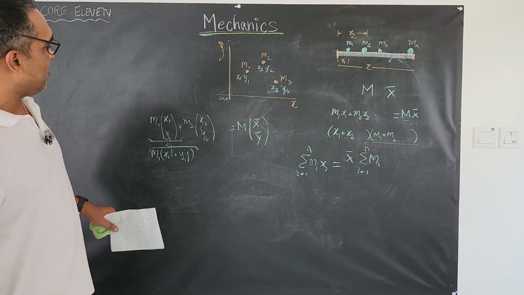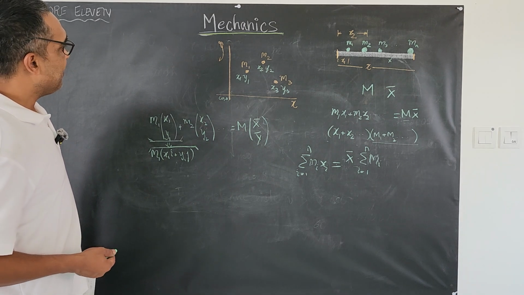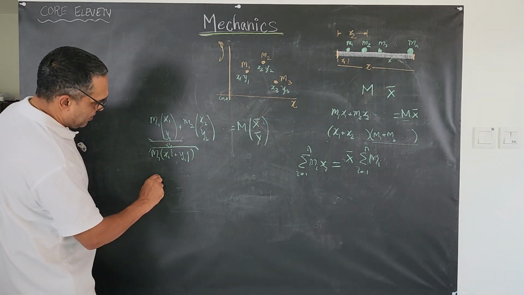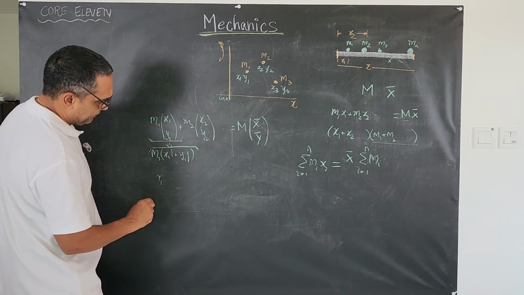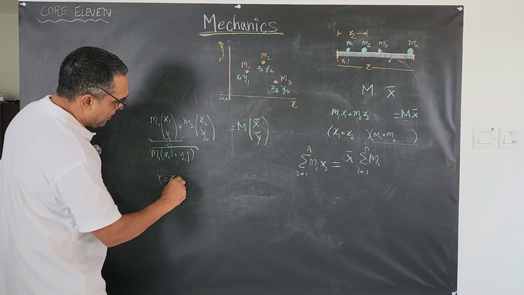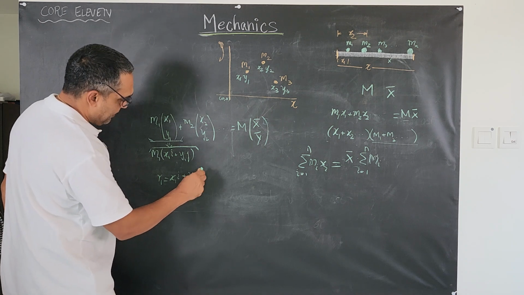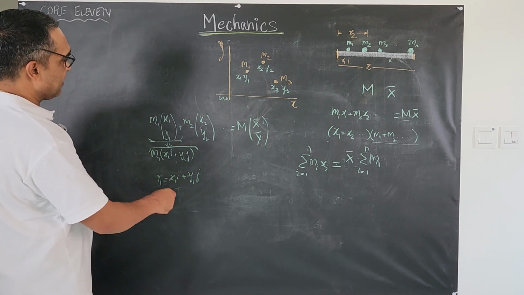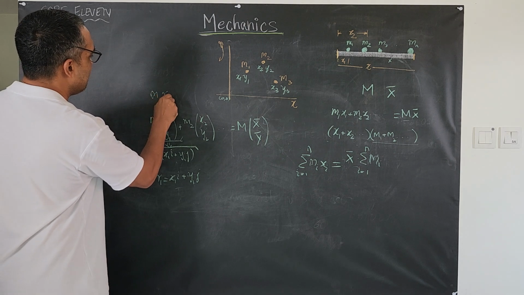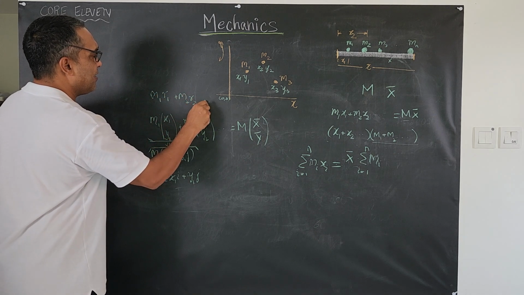And also, one of the other things I noticed, which I haven't commonly seen, is they sometimes write x1 as r1. So r1 is equal to x1 i plus y1 j, and then this whole thing just becomes m1 r1 plus m2 r2 and so on.